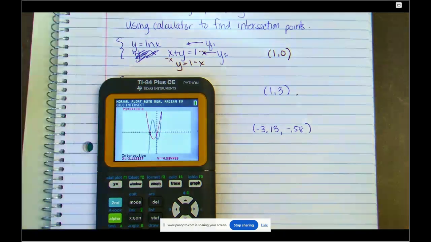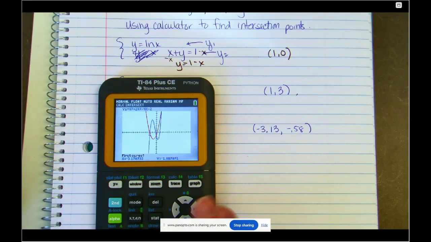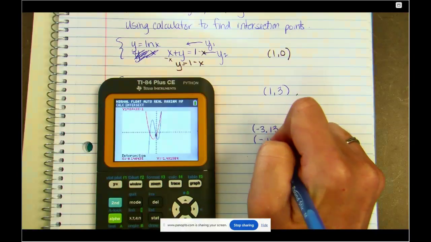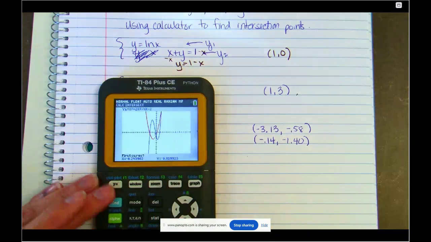You have to do that program again. So you have to do second trace, intersect, and then enter, enter, enter in order to get the next one. You have to run it 3 times to get all the intersection points, and every time you have to be close to the intersection point you want to find. It doesn't matter what order you do it.